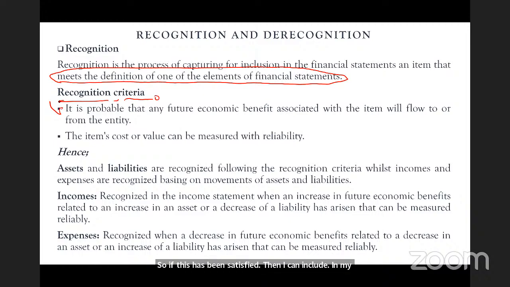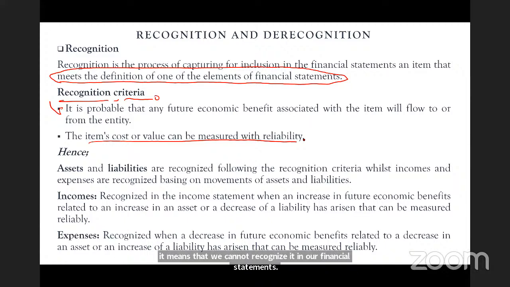But it is not the only one. There is another one: the item's cost must be able to be measured reliably. It must have a value attached to it. If we cannot ascertain a value for that particular item, then we cannot recognize it in our financial statements. We cannot include it. And the reason is very simple. Financial statements are monetary.